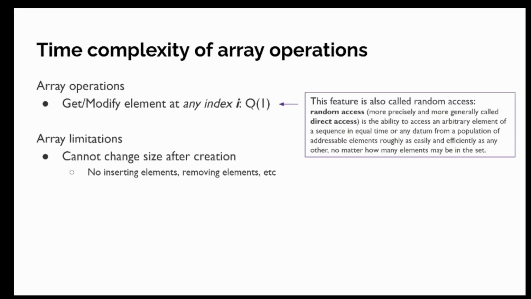This takes O(1) time complexity. And the limitation of an array is that you cannot change its size after creation. So let's say you have an array that has size n, and you fill it up with n elements. You cannot add any more elements to the array. All you can do is modify what elements are in the array, or access what elements are in the array.